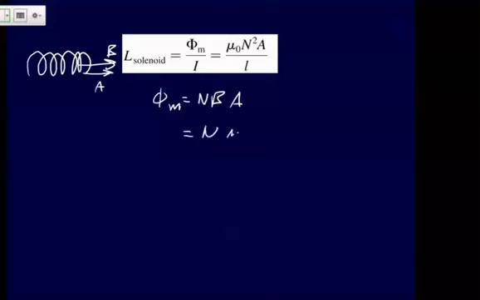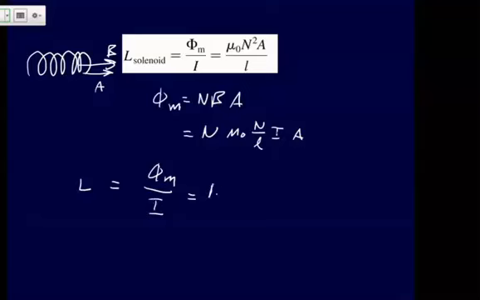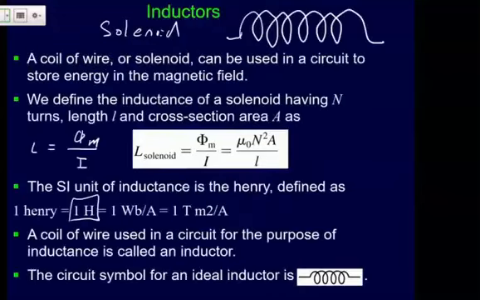The magnetic field for our solenoid is μ0 N, and here we're going to use lowercase l for the length, times current, divided by area. So when we define this inductance, it's this thing divided by I, and I get something like we had in that last picture: μ0 N squared divided by l, times A. So just like what we have in this picture over here.